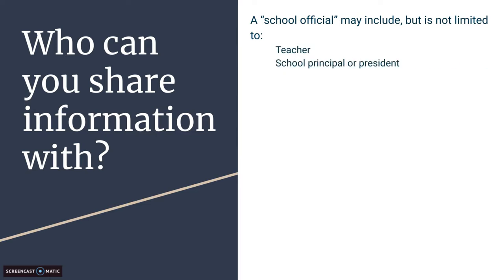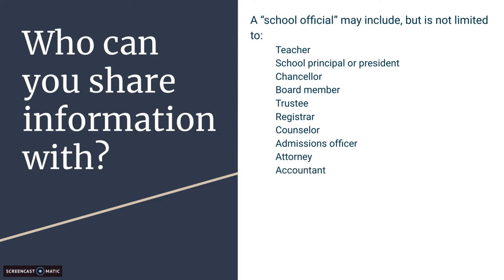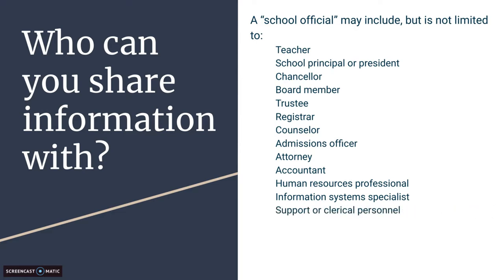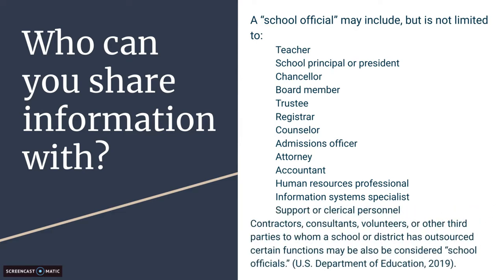So this could be a teacher, a school principal or president, a chancellor, a board member, a trustee, a registrar, counselor, admissions officer, attorney, accountant, human resource professional, information system specialist, support or clerical personnel, and contractors, consultants, volunteers, or any other third parties who our district might outsource certain jobs and functions to could also be considered school officials. And they have to have legitimate reasoning for being concerned in someone's educational record.